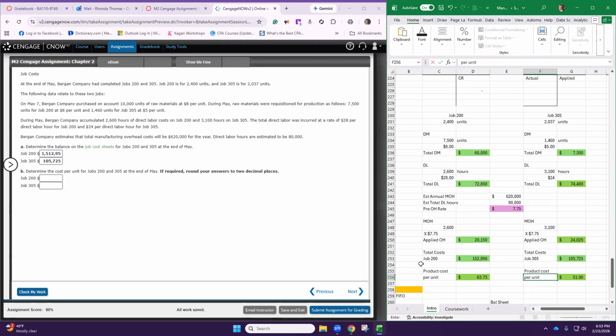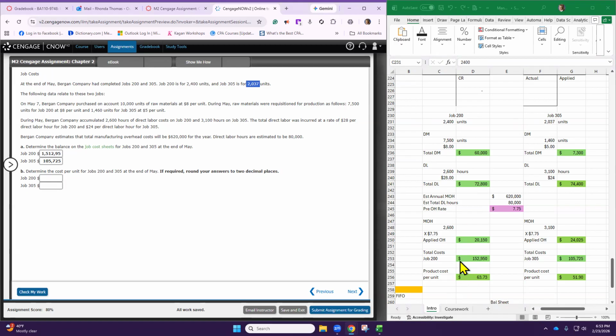All right, so that's why it was important to know how many units for each job, right? So yeah, 2,400 units that were completed for job 200 and 2,037 for job 305.